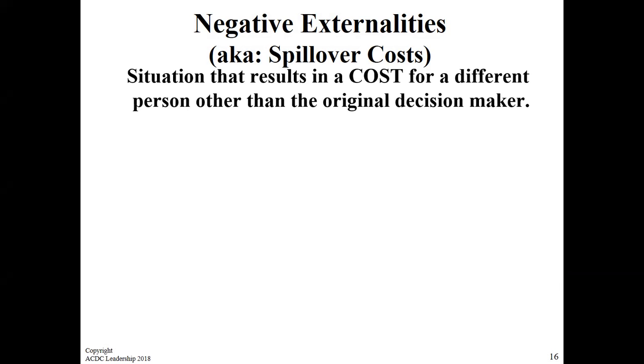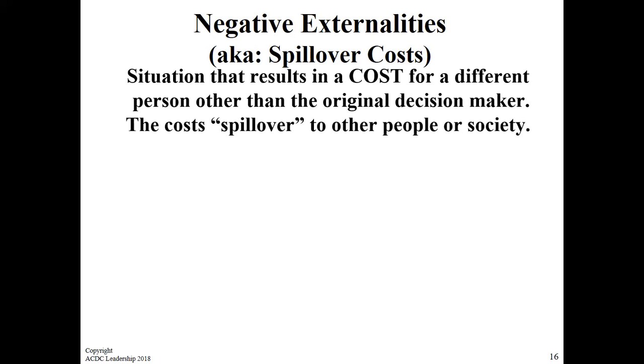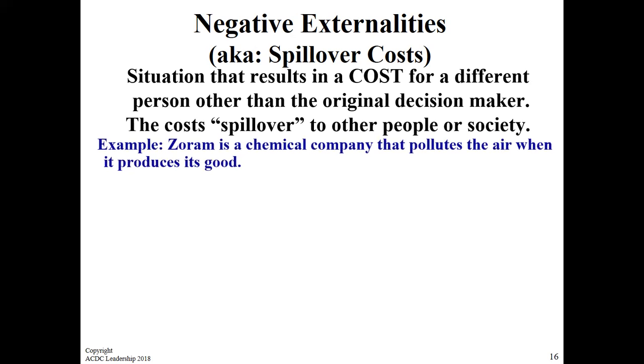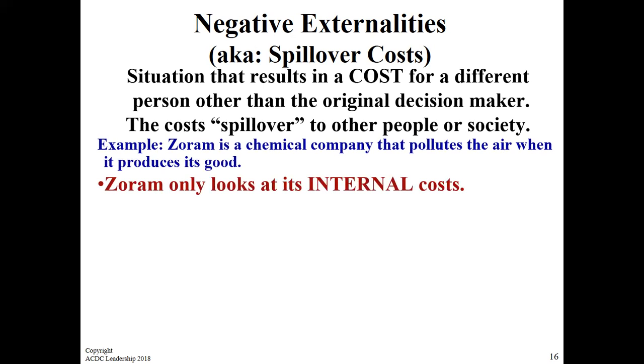All right, so here are your negative externalities. They result in costs to people other than the original decision maker, so we call these external costs or spillover costs. They would be like secondhand smoke. And I was using a pollution example here.